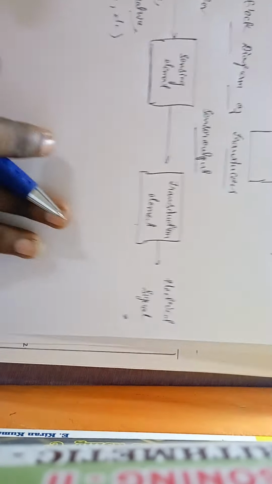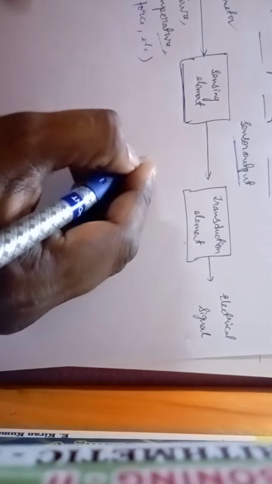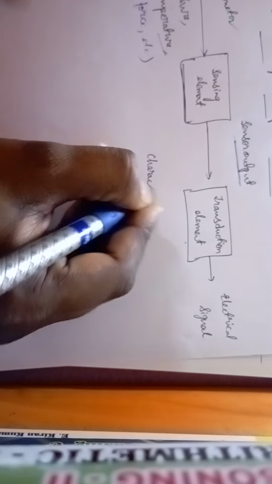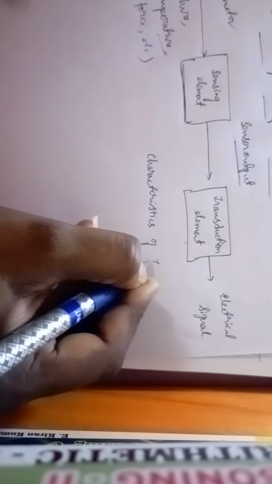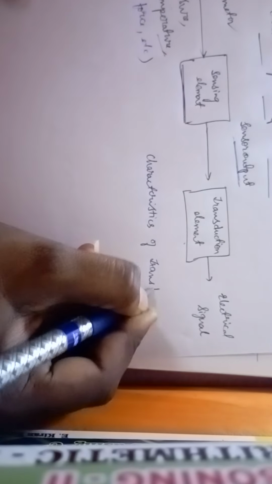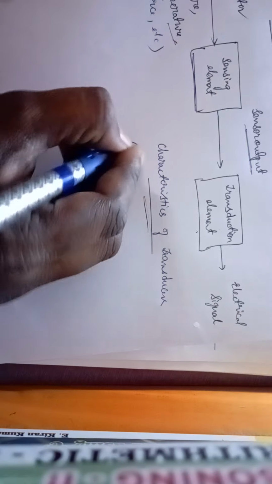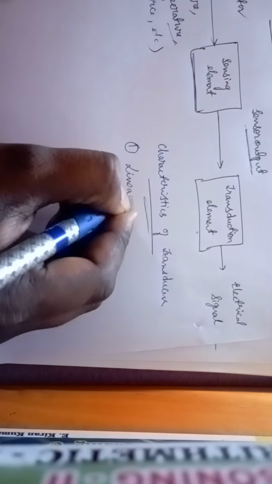So next we'll be seeing the characteristics of a transducer. What are the characteristics of a transducer? What will be the basic characteristics? First, it has to be linear. Linearity is the first property.